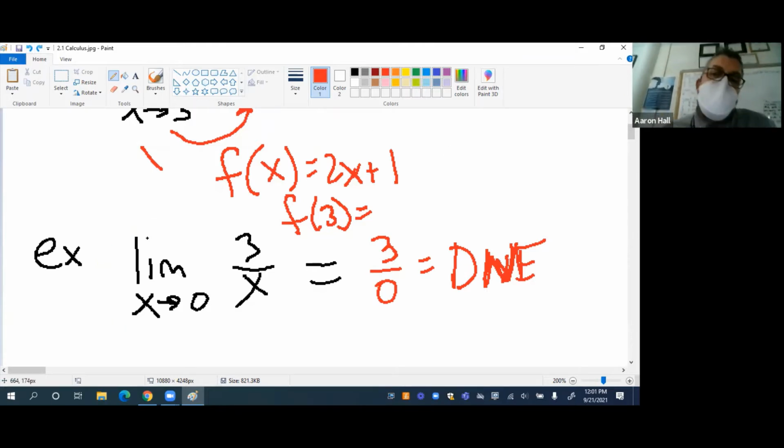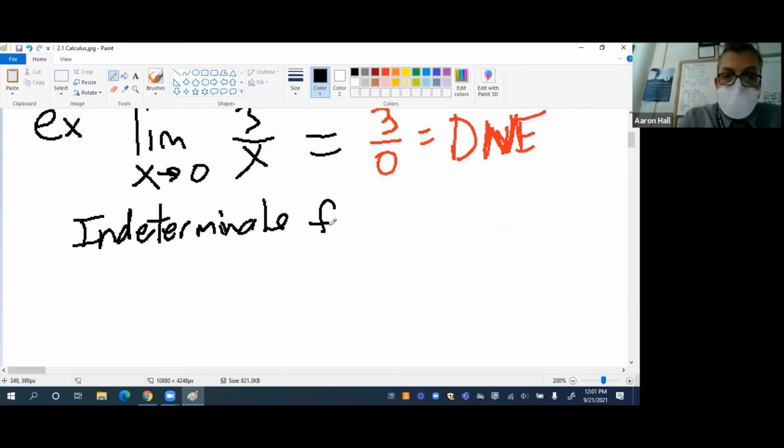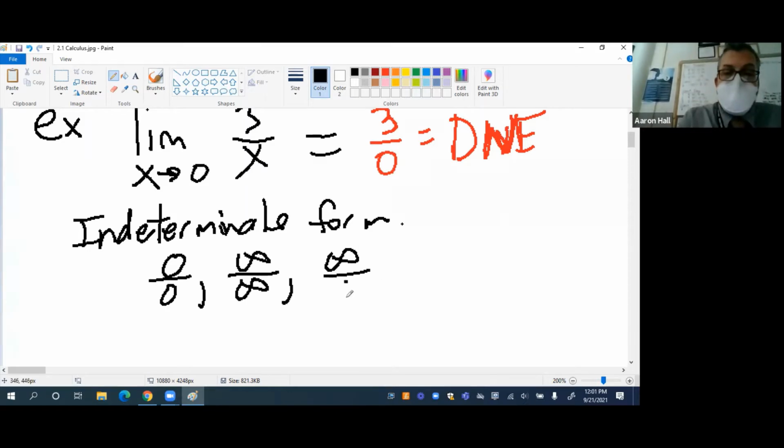Now I use this word indeterminate, and let's explore this. Our list of indeterminate forms are 0 over 0, infinity over infinity, or infinity over 0.